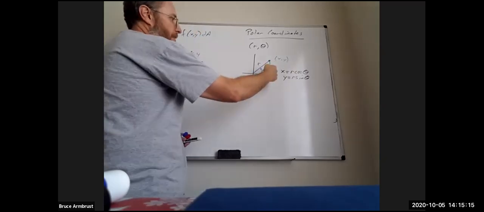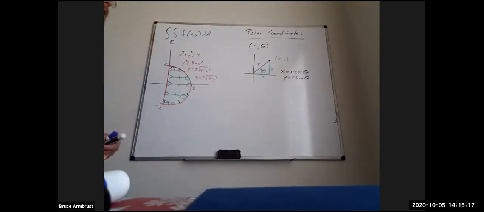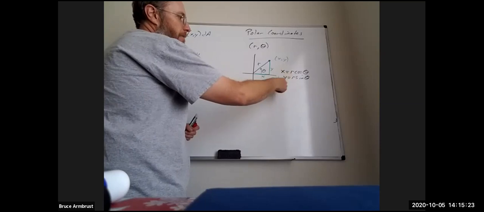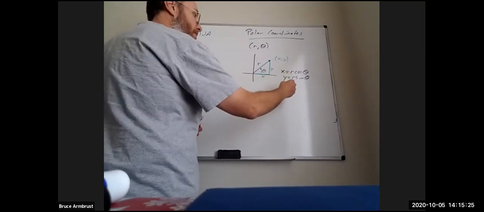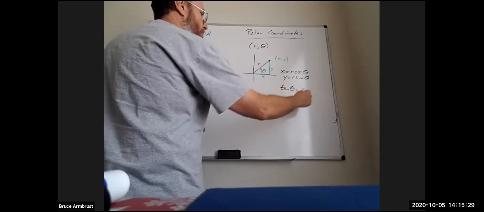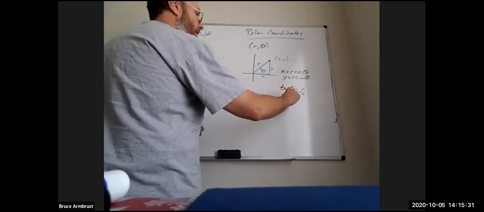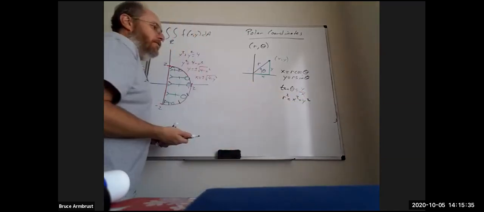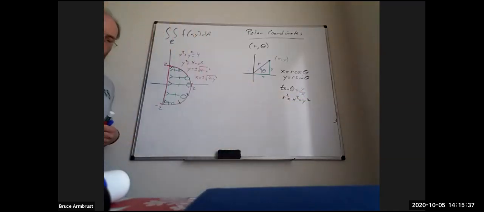And so this literally is just coming from that right triangle. So given r and theta, this is how you get x and y. You can go the other direction. We know that the tangent of theta is y over x, and we get the r from the Pythagorean theorem, r squared equals x squared plus y squared. So those are your two sets of conversions if you ever want to bounce back and forth.